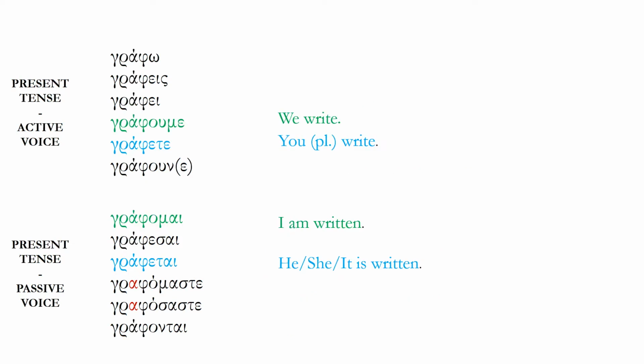Now, there are some traps. These cause people a lot of problems, especially people who never really learned how to read or write Greek. And if we take a look here at the blue ones, the blue lines, at the top we have grafete, which means you all write, like you guys write, or you guys are writing. At the bottom, we also have grafete, except this time we have an alpha iota, which means he, she, or it is written. Now, to the ear, there's no difference in modern Greek.